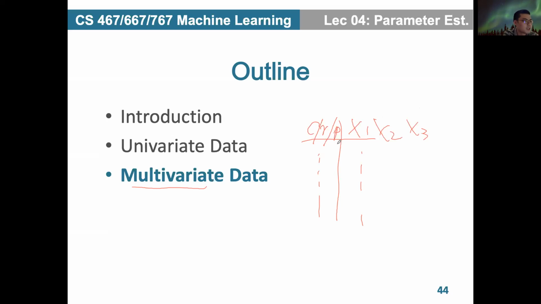Keep in mind, even for univariate data there may be more than one parameter, like the Gaussian mu and sigma. But multivariate data is more complicated, because x itself is high dimensional. This means the distribution itself is high dimensional, so the distribution function is more complicated, like a high dimensional Gaussian distribution. That's why we first talk about the simple case, and then a little bit more complicated.